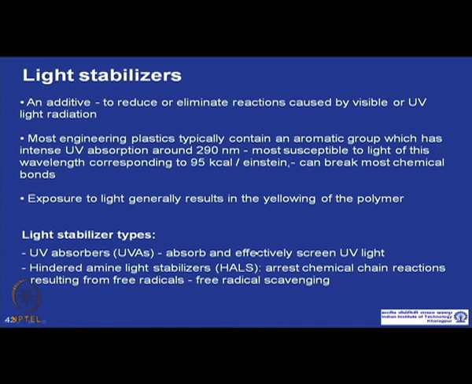Other types of UV stabilizer, hindered amine light stabilizers, HALS, which basically arrest the chemical chain reaction resulting from the free radicals, which basically are free radical scavengers, and these two can be added together sometimes to have a synergistic benefit for engineering plastics.